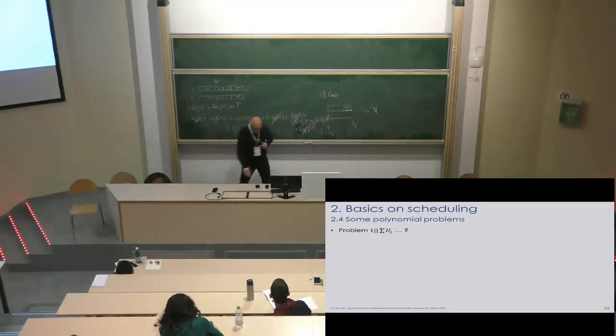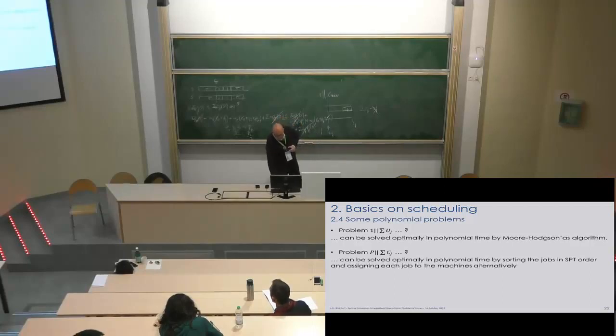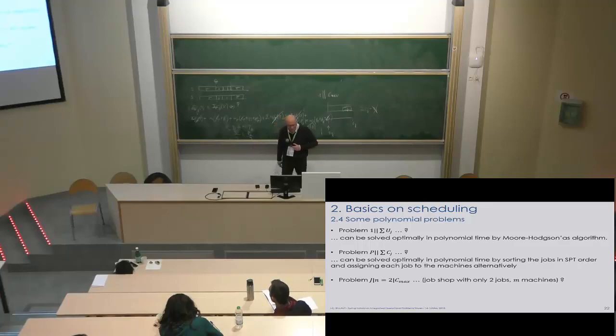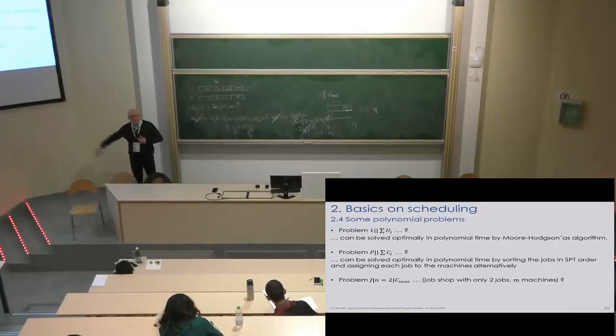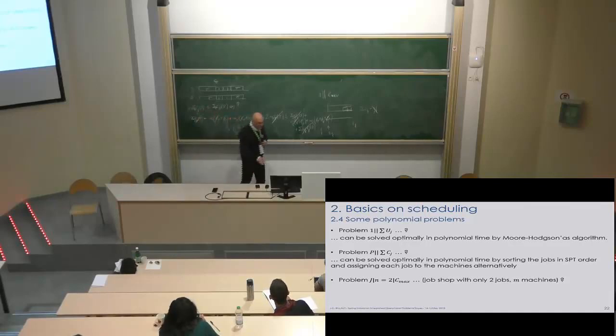This problem is polynomially solvable. P sum of completion times, we have seen it; it's optimally solvable by this algorithm. With a job shop with only 2 jobs and m machines, it's a very beautiful problem, which is solved by a geometric approach and computation of a shortest path.